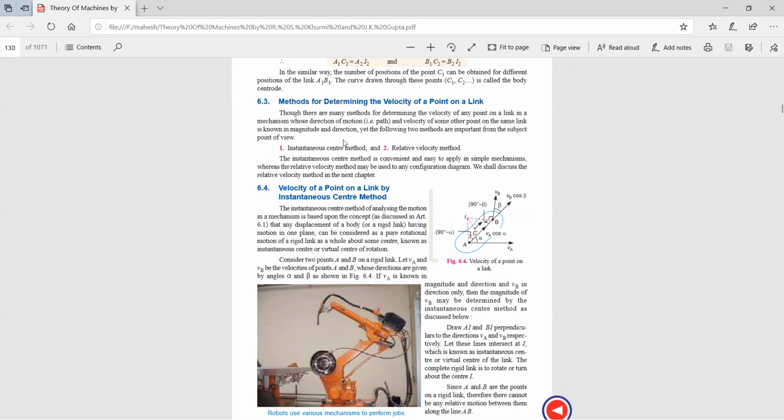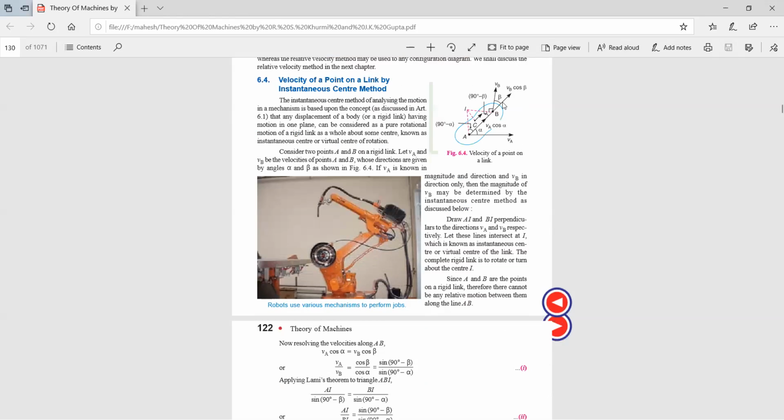I have shown the centroid and axes here by marking out the instantaneous center. That is the method we will be following initially. Now you can see there is a point here. This is a plane with one link, the AB link.